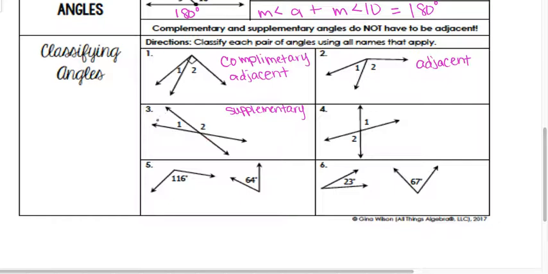Because it depends on how you're looking at it. If you're looking at this one here, we've got an angle here and an angle here, and those are being separated by each other. In fact, I'm going to go up here and highlight that. Okay. Ooh, I don't want that to be that strong. There we go. Okay, so we've got this angle here, and we've got this angle here.